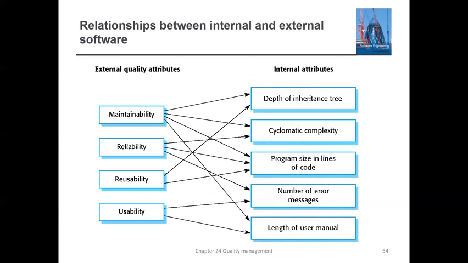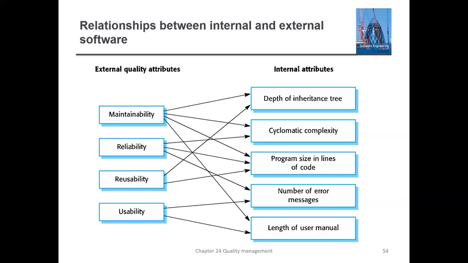Now here you can see a diagram between internal and external software. Before going to internal and external software, let me clarify the external attributes. These attributes can be seen by the user, and also by the developer, because these are external attributes, and they have some characteristics of qualitative software, like maintainability, reliability, understandability, usability.